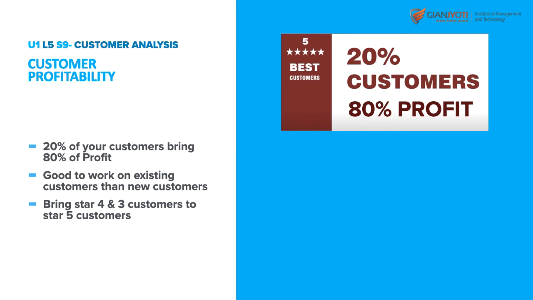As you know, the 80-20 rule, that 20% of your customers bring around 80% of the profit. And as we know, if I want to bring existing customers to the category of 5-star customers, the cost of bringing them to that category is less as compared to getting new customers.